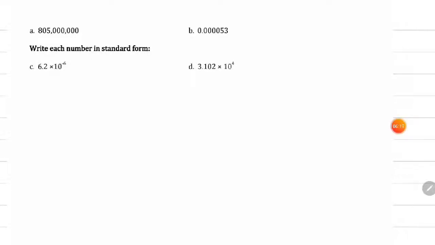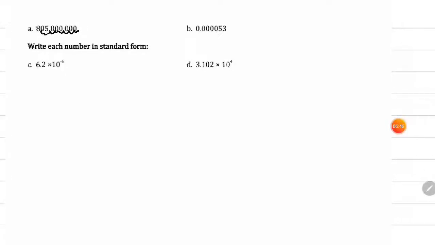So we have a big number here, 805 million. To change that into scientific notation, I'm going to go to the decimal point here, which is all the way at the end, and I'm going to count how many times it gets to me to that 8. So 1, 2, 3, 4, 5, 6, 7, 8. 8 times.